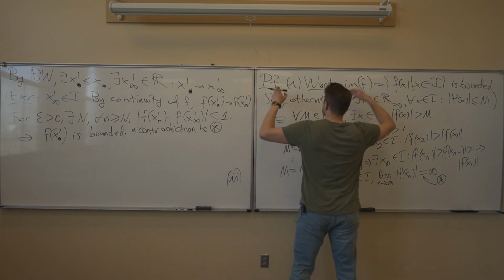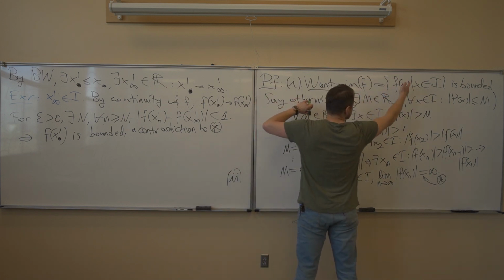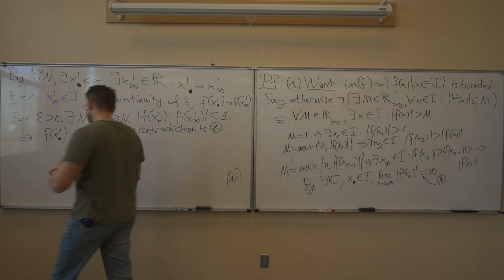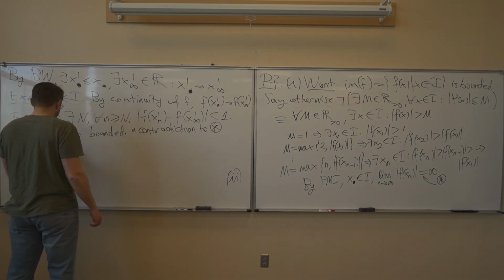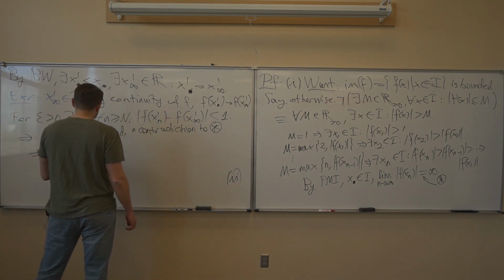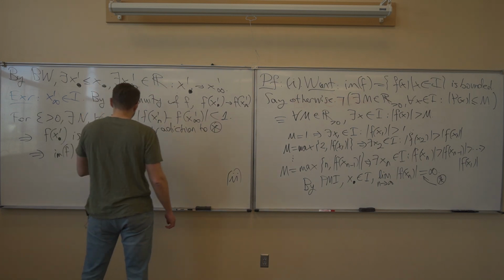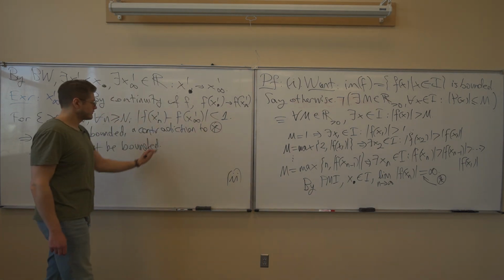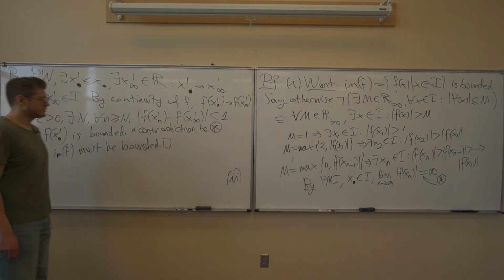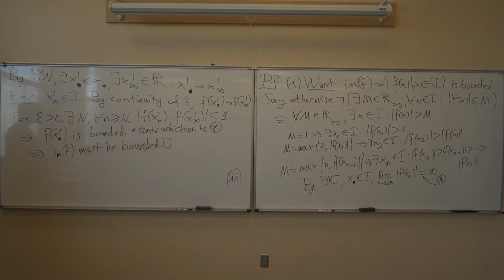In other words, it cannot be otherwise, so the image has to be bounded. So that's the end of the first part. Any questions about this?